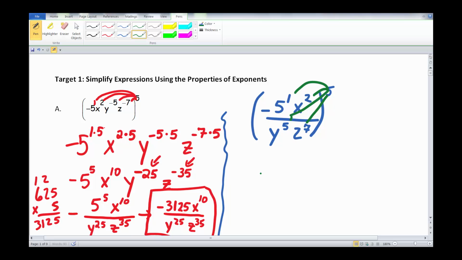When you do that, you should end up with the exact same thing, negative 3125 x to the 10th all over y to the 5 times 5, 25, z raised to the 35th. So 2 different routes to take, same exact answer though. Again though, that is Target 1A from our Chapter 5 study guide.